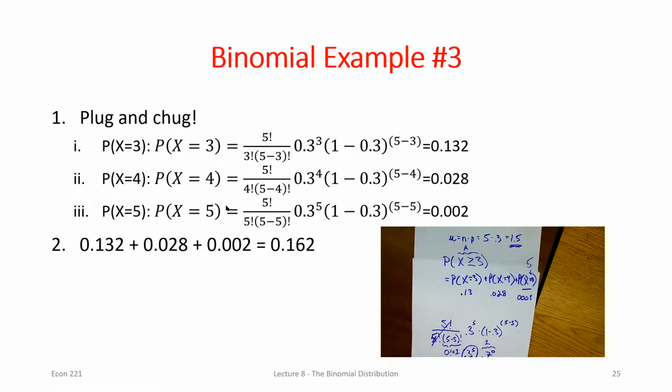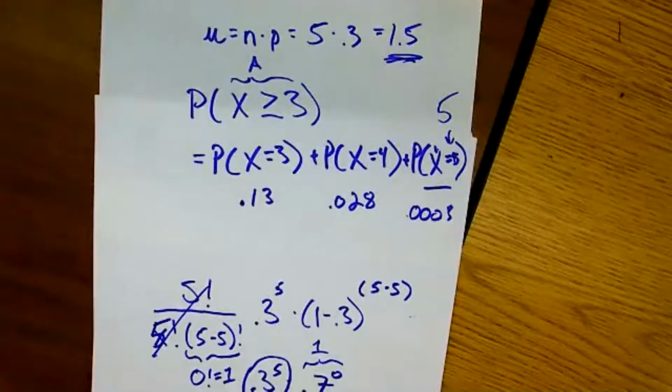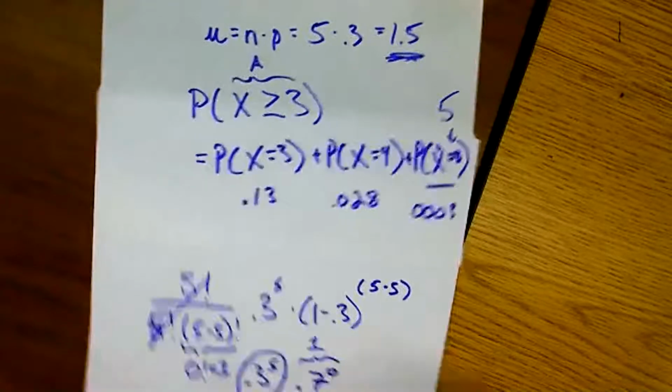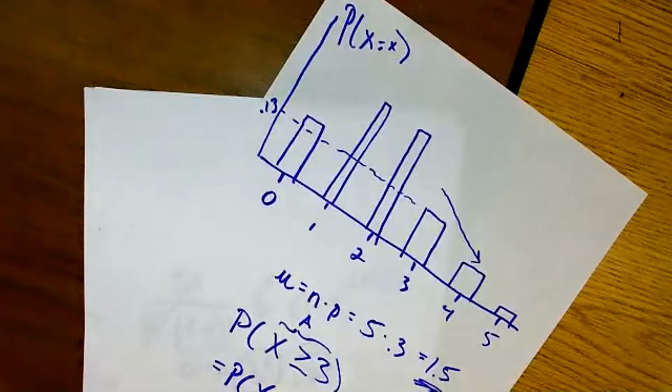So I found the probability x is greater than or equal to 3. There's another way I could have done it. It doesn't save me a lot of time in this example, but in other examples it would have. So I'll walk through that. Let's start out, get rid of these papers. What we were looking for was the probability x is greater than or equal to 3.